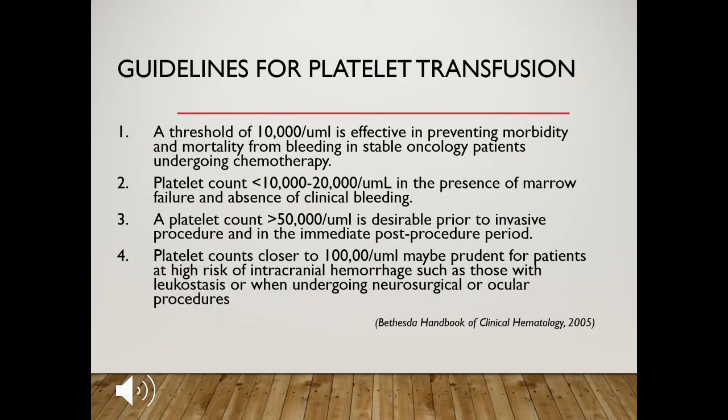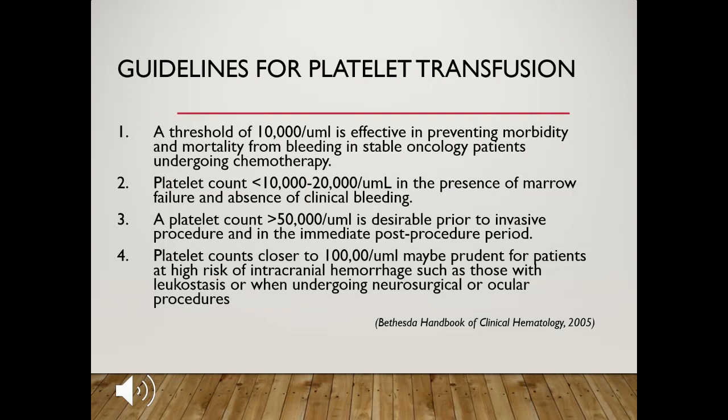Guidelines for platelet transfusion. Number 1, a threshold of 10,000 is effective in preventing morbidity and mortality from bleeding in stable oncology patients undergoing chemotherapy. So, example of these patients would be patients with leukemia or patients with breast cancer who underwent chemotherapy using anthracycline like idarubicin.